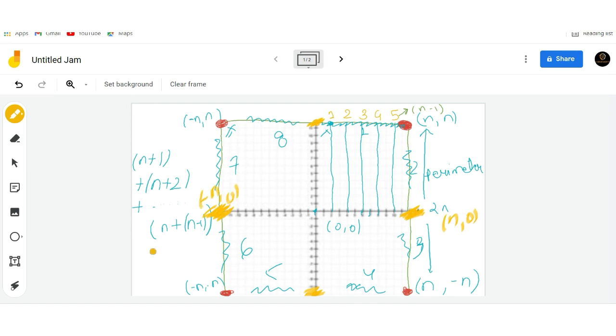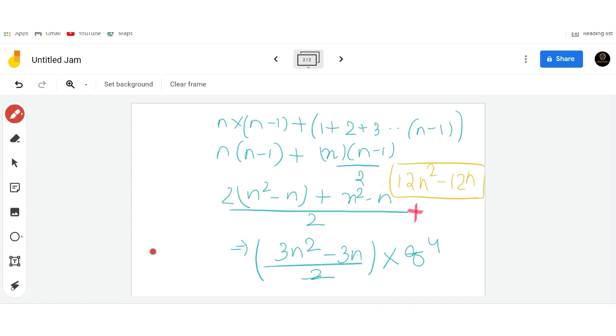So at all the points the sum will be nothing but n. And here it will be n, and it will be again n. So what will be the total sum? The total sum will be n into 4, which is nothing but 4n. So we can add this 4n in our answer.